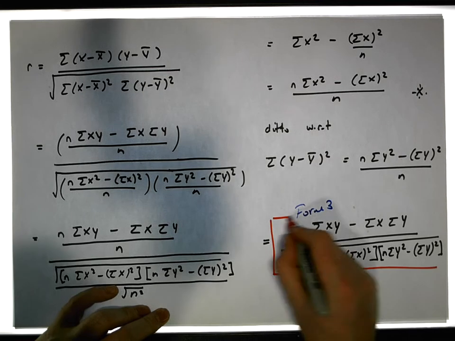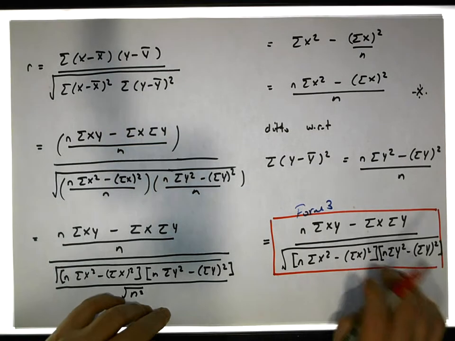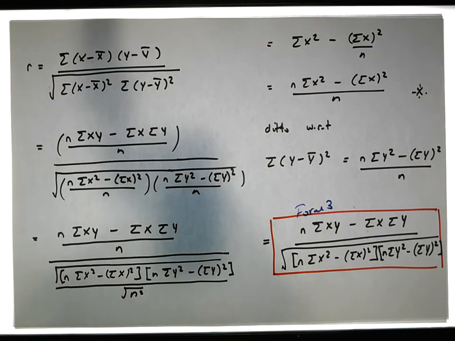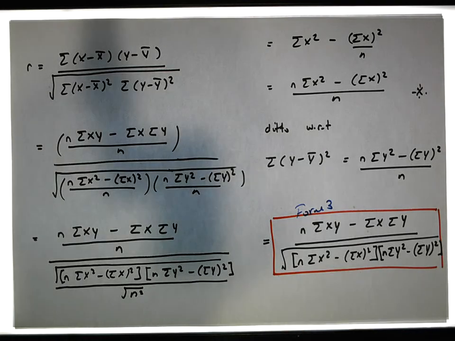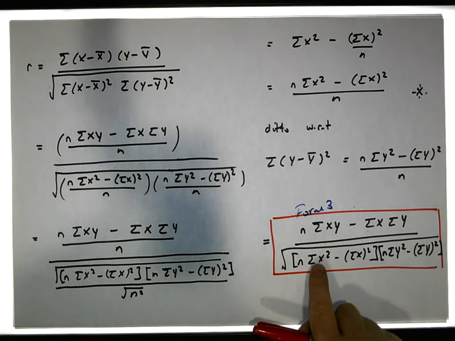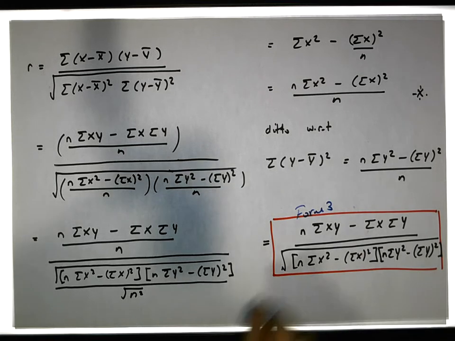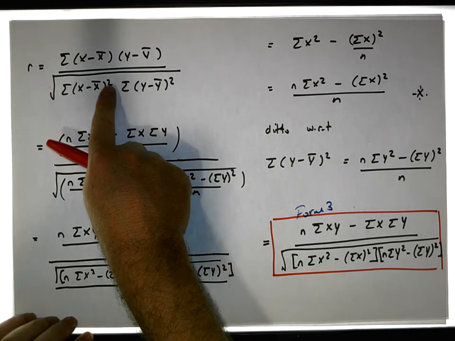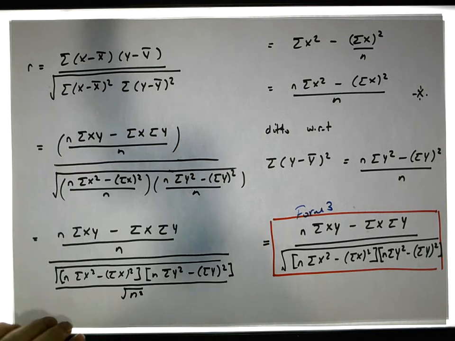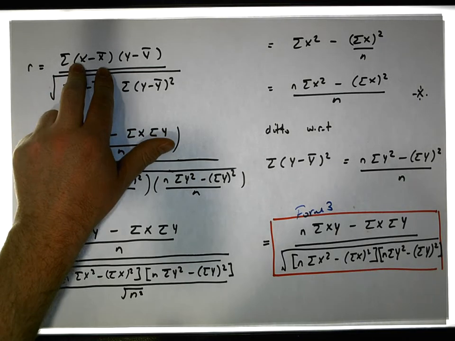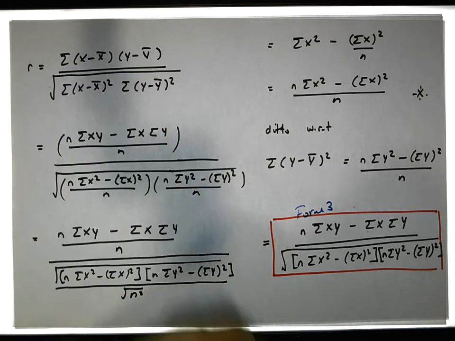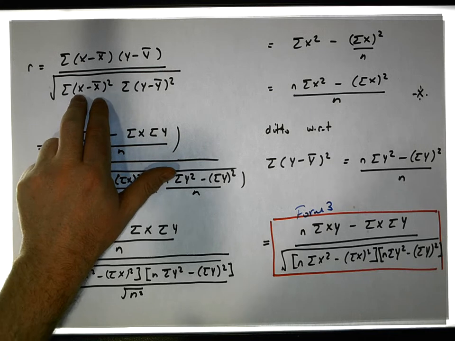Now what's good about this particular equation is that when it comes to its calculation, you just need to calculate x squared values, y squared values, and the cross products. Whereas when you use this other form of the equation, you're going to have to calculate x minus x bar terms, y minus y bar terms. You're also going to have to calculate x minus x bar squared terms and y minus y bar squared terms.